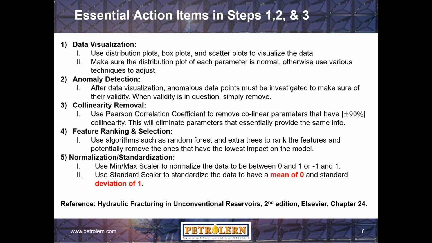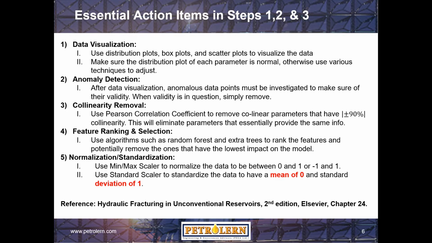So if you plot these parameters and you see a Pearson correlation coefficient of, let's say, 90 to 95% plus, then you have to remove one of the parameters.